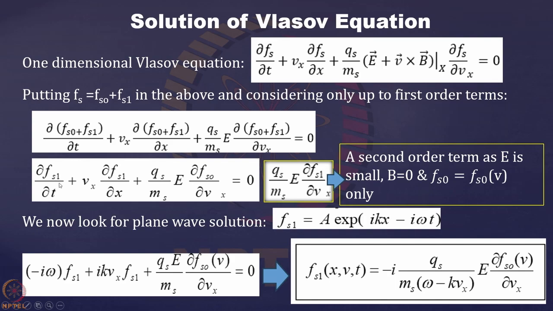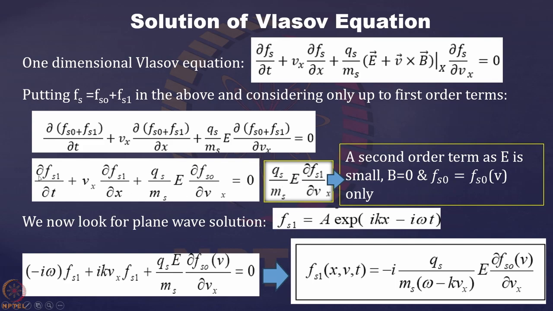When you put that, the average quantity goes out, only the oscillating or varying component stays there, and you get this equation in terms of the varying quantity f_s1. There is one term, qE into ∂f_s1/∂v, you put that 0. This is because it is a second order term, because E is a small quantity and ∂f_s1/∂v is also a small quantity. So when you multiply these two, it becomes a second order quantity, and you can put that as 0.